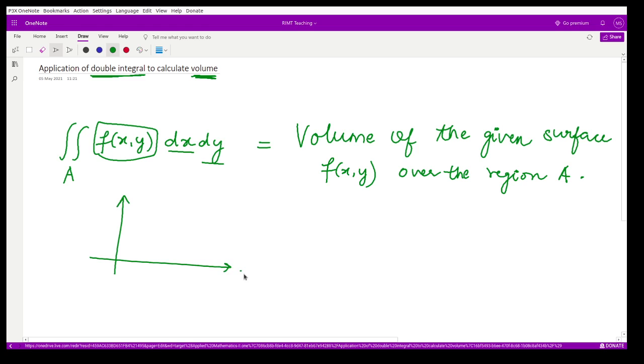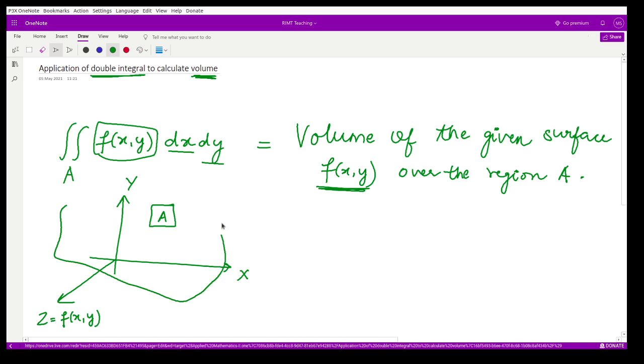Suppose this is our coordinate system x, y, and suppose this is our region A. Now we are given some surface f of xy, so it would be in 3-dimension space. Here this z coordinate would represent your surface, right? So it would have all these points.